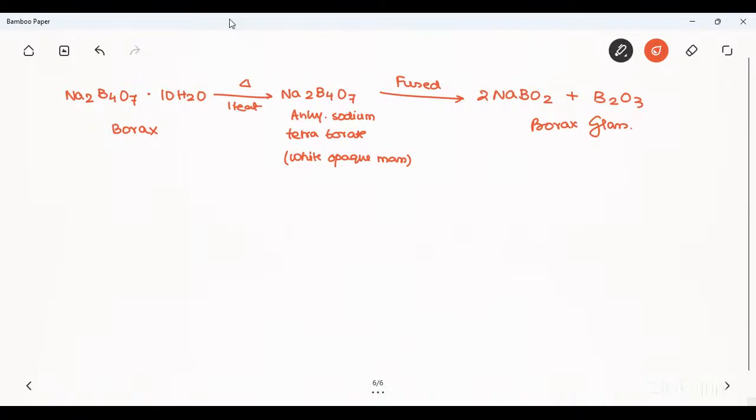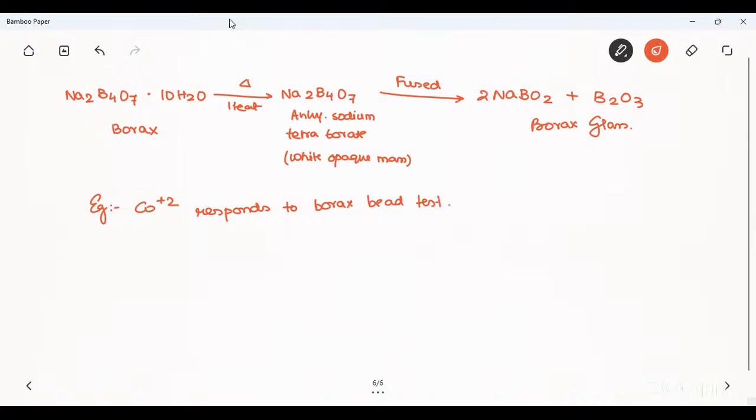Now, if I give you an example with cobalt: cobalt responds to the borax bead test. How does it respond?